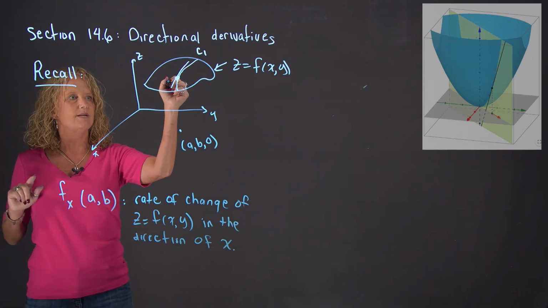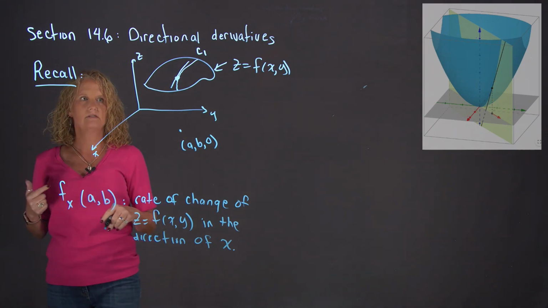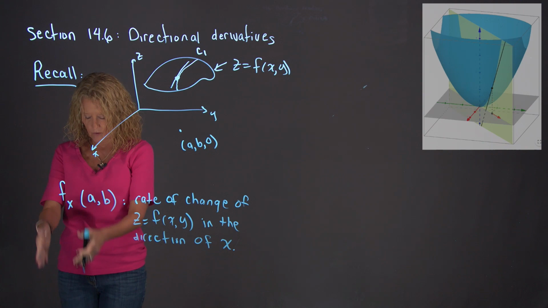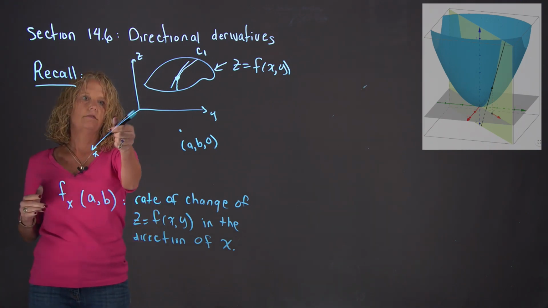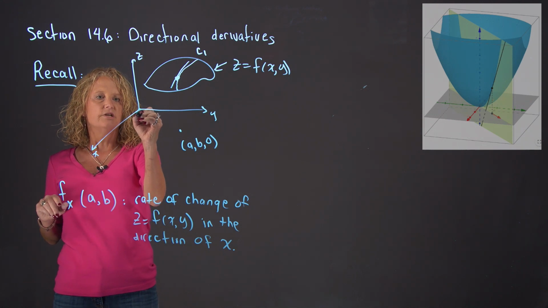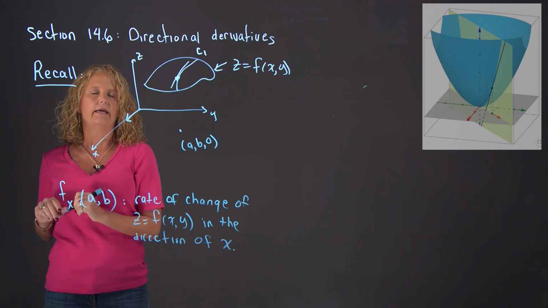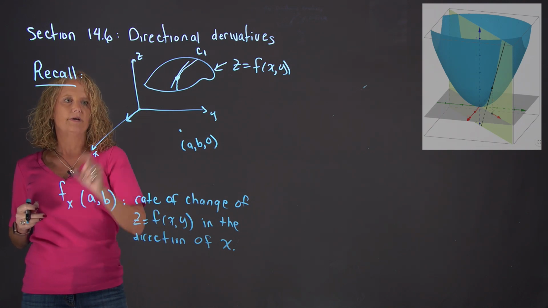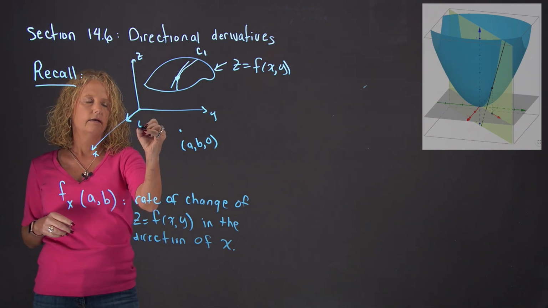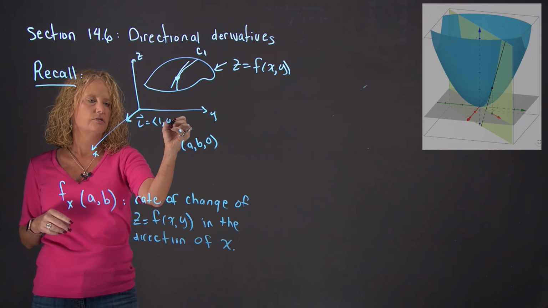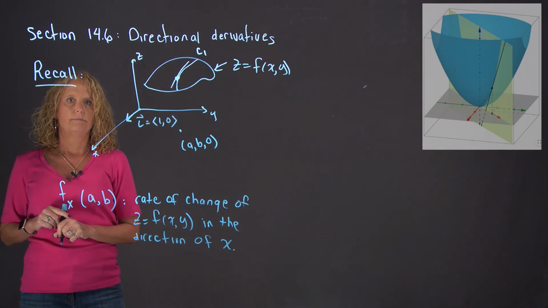So what that gives you is the steepness of the surface if you're only considering moving or pointing your feet in the direction of x. The direction of x can be represented by the unit vector i. If you recall, that vector is <1, 0>.